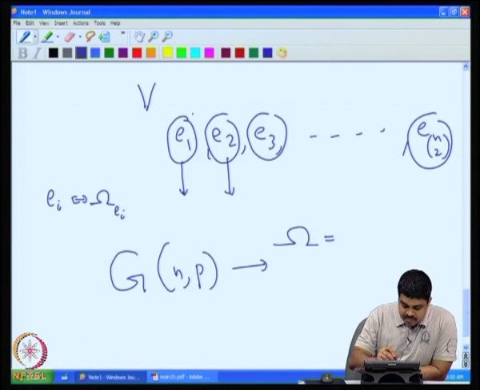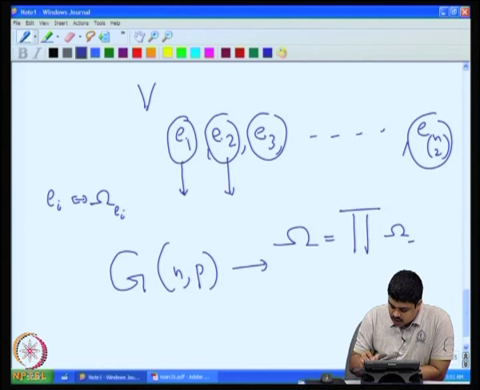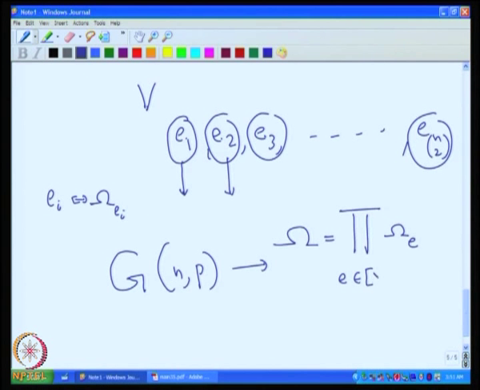The probability space corresponding to each edge has two outcomes, here two outcomes, here two outcomes. So when I take the Cartesian product of all these small sample spaces, we get the sample space.